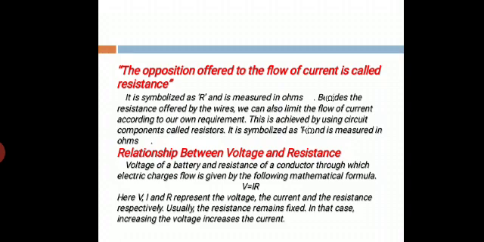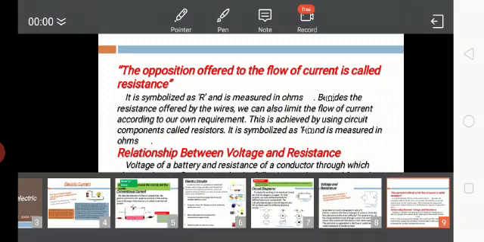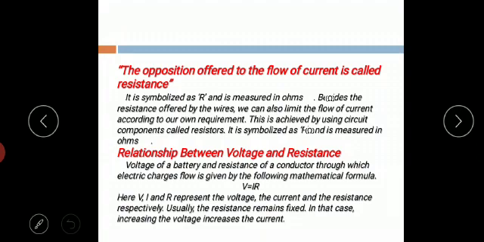What is the relationship between voltage and resistance? The voltage of a battery and the resistance of a conductor through which electric charges flow are related by a mathematical formula. Okay students, here V represents voltage, R represents resistance and I represents current.